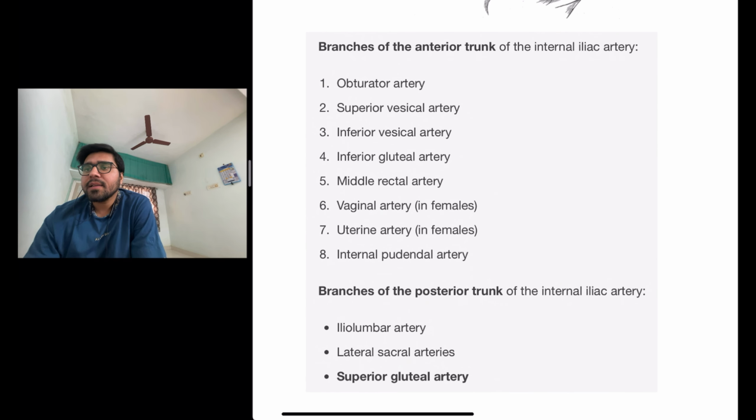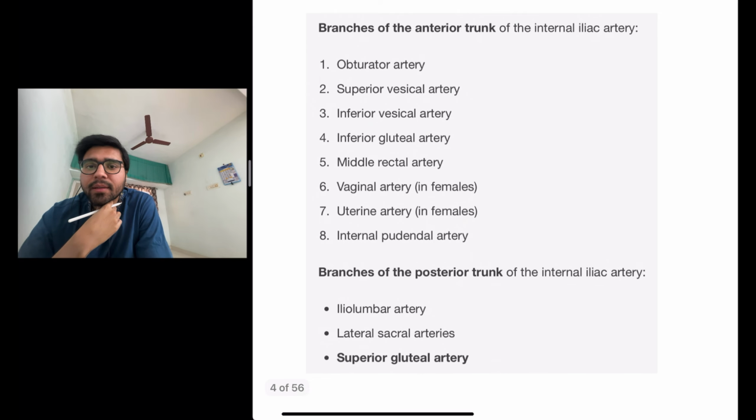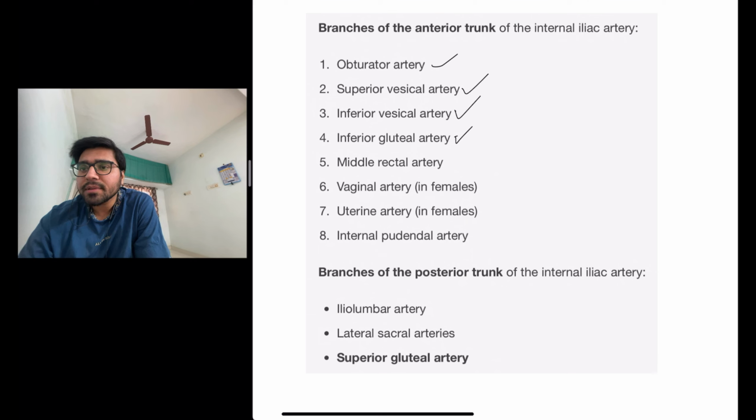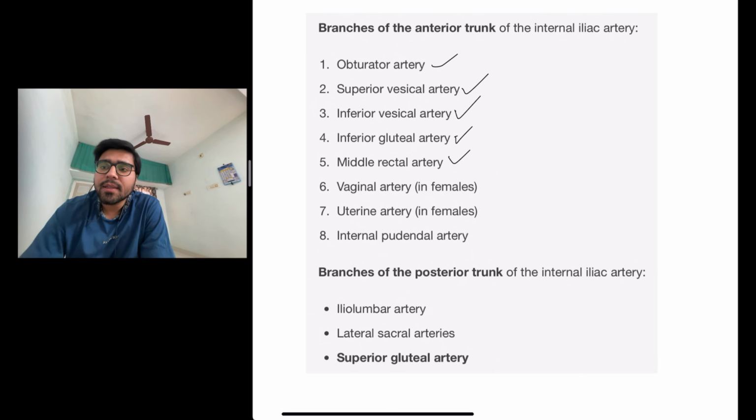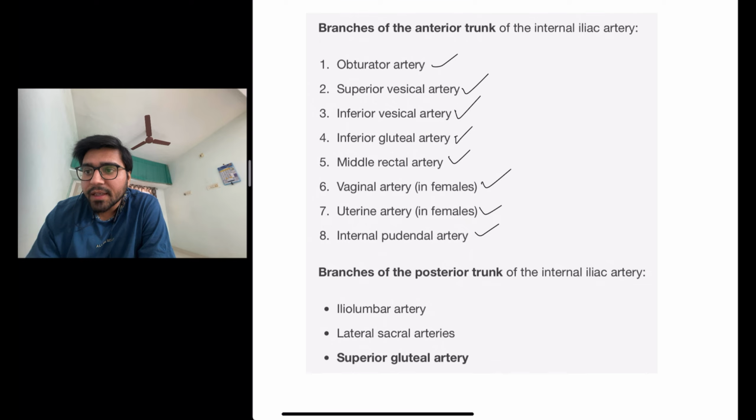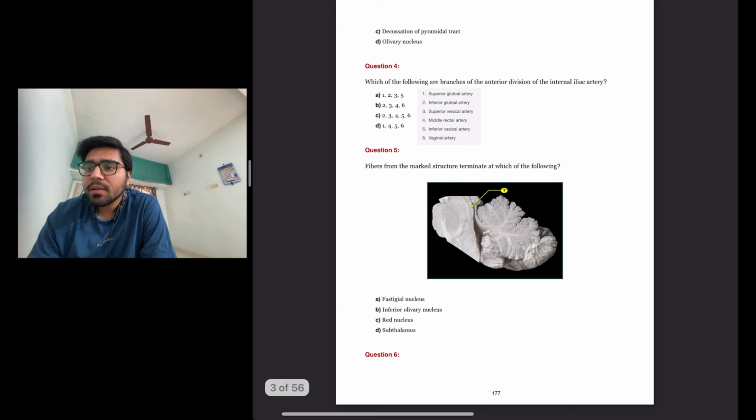Let us repeat this again. Branches of the anterior trunk of the internal iliac artery are obturator artery, superior vesical artery, inferior vesical artery, inferior gluteal artery, and middle rectal artery. In females, the vaginal artery is a branch, the uterine artery is also a branch, and the internal pudendal artery. And branches of the posterior trunk of the internal iliac artery are iliolumbar artery, lateral sacral artery, and superior gluteal artery.